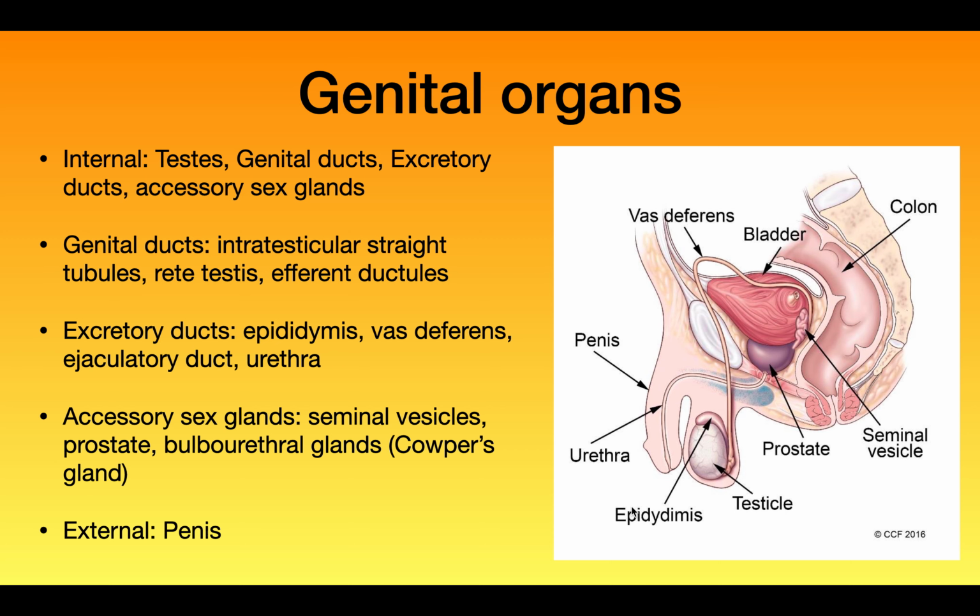So there are the genital ducts, which are the intratesticular straight tubules that lead the sperm outside of the testes and into the excretory ducts, which is like the epididymis, and then goes into the vas deferens, and then the ejaculatory ducts, and then the urethra itself. The accessory sex glands will secrete lubricating fluid. And then the only external organ is going to be the penis because it contains the urethra.